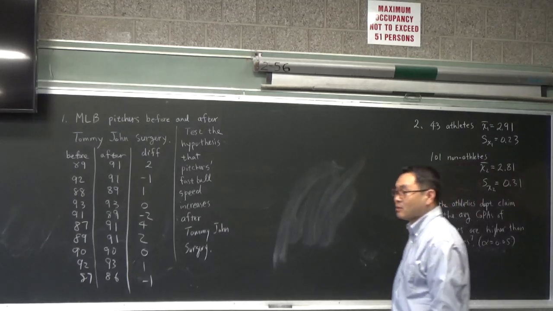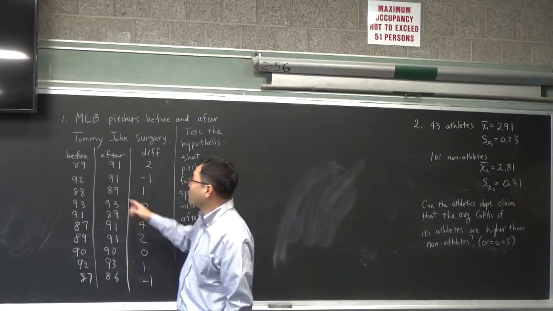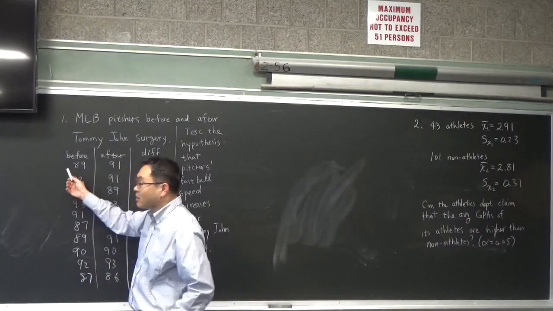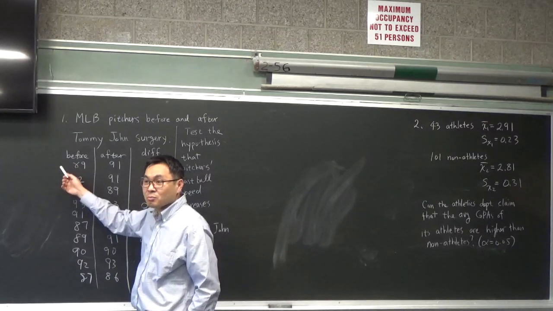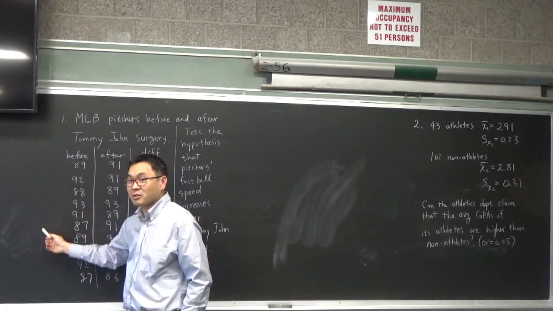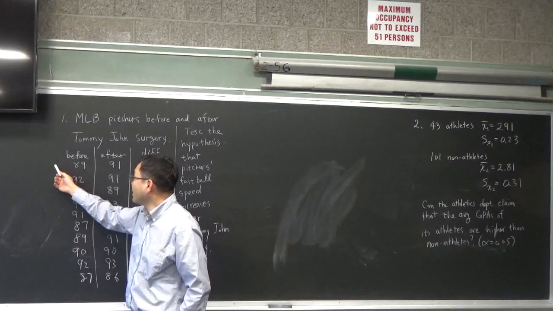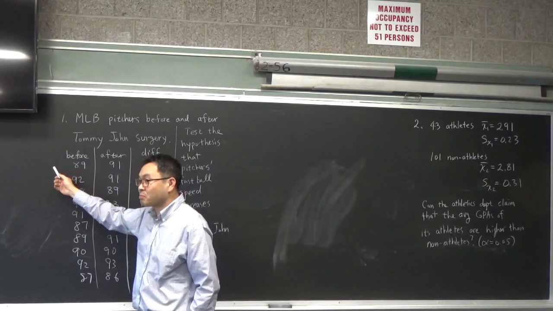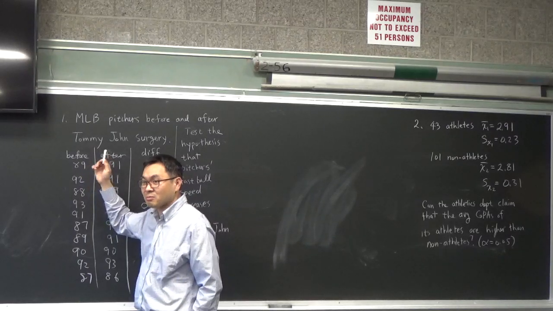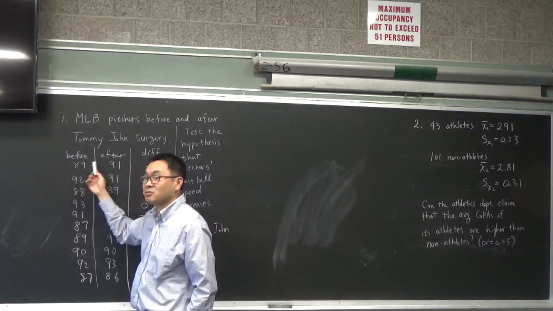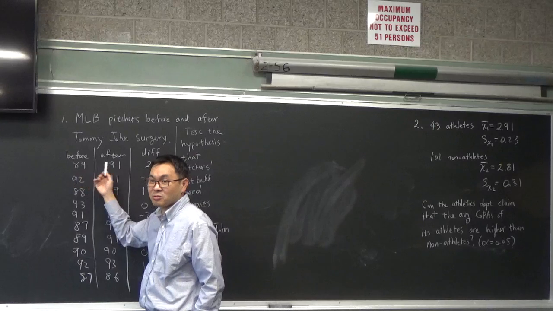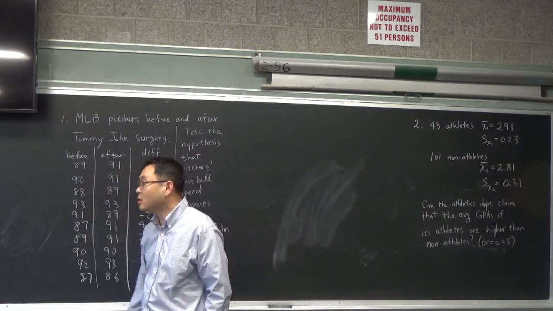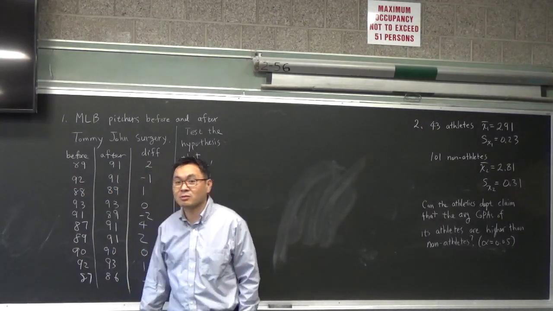List testing. In my actual problem, I put the pitcher's name here, right? So it's the same pitcher before and after. If you have the same person or same entity that produces the data before and after, or under some different conditions, what kind of data is it?